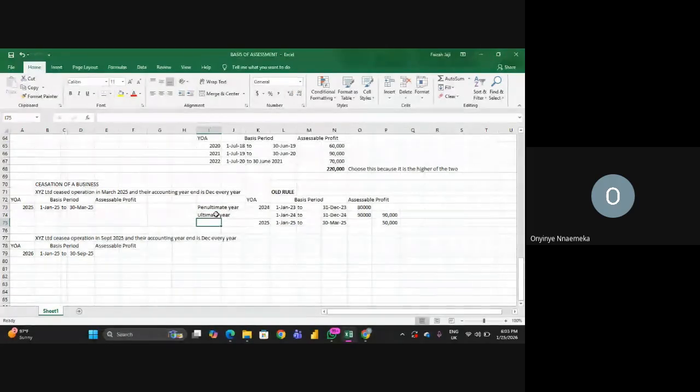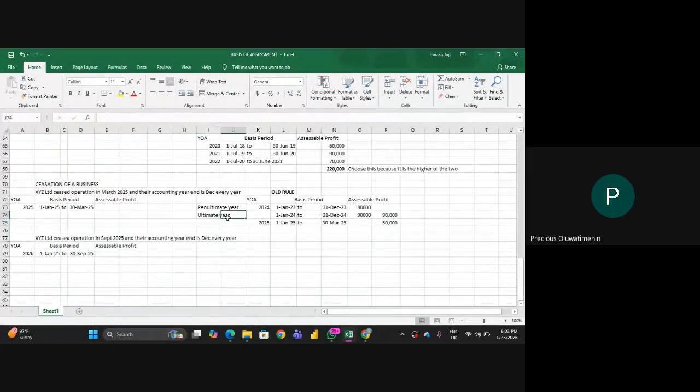So the ultimate year is 2025 and the penultimate year is 2024. We are still using this same illustration.